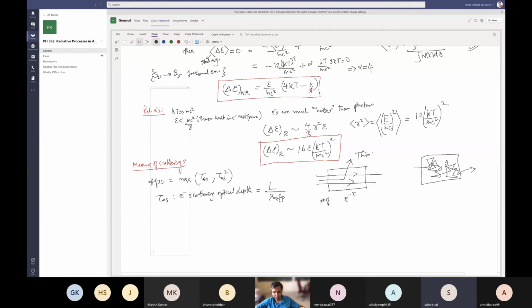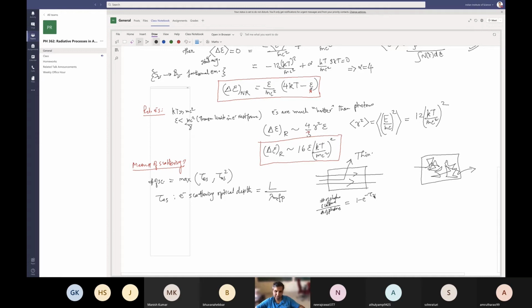The number of photons scattered by the number of photons is equal to 1 minus e to the minus tau nu.